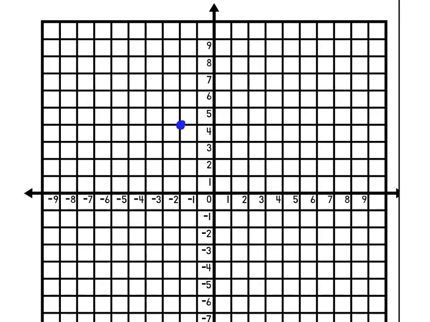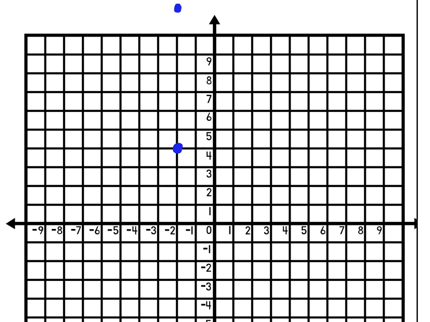So let's start with up, and let's go 8 units up. If we went 8 units up, it'd be 1, 2, 3, 4, 5, 6, and I'm going to have to imagine 7 and 8. So if this is 10, what's 2 more up? That would be at 12 up, which is our y coordinate.